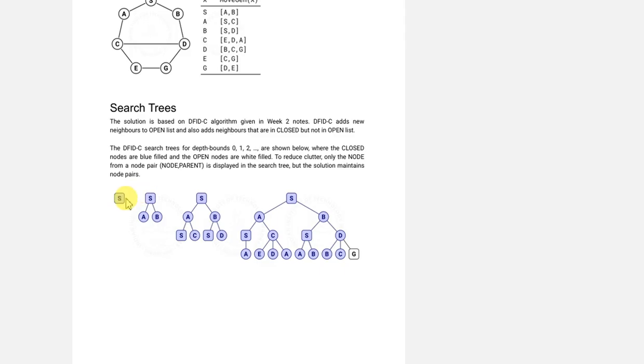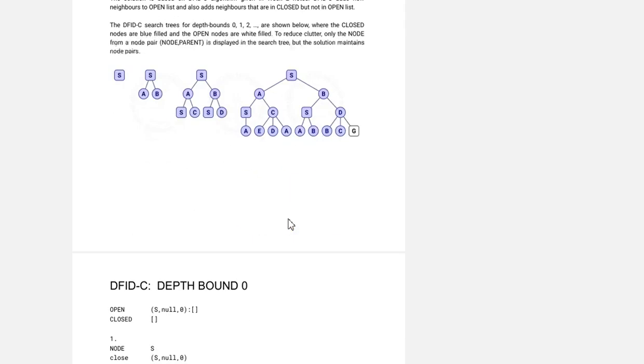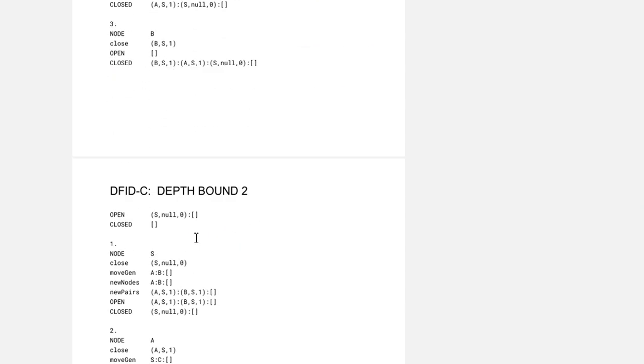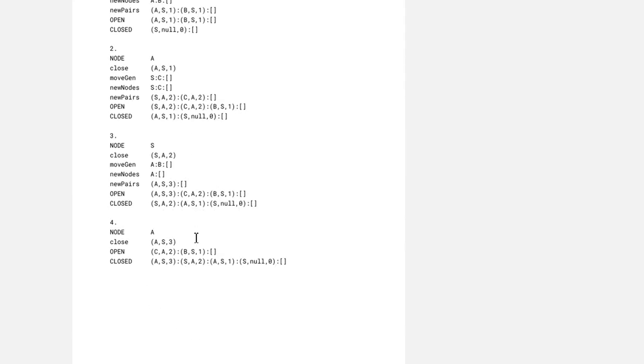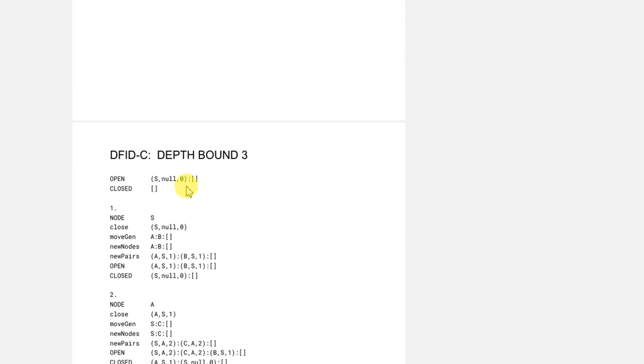So if we do that, what will we get? For S in level 0, we will get only S. Then for level 1, we will get S, A and B. And for level 2, we will get S, A and B. Then for A, we will get S and C. Why? Because S is in the closed list, so we can add it here because it is DFID-C. And likewise for B, we can add S. So if we go like this, for depth bound 0, we will get a null value.